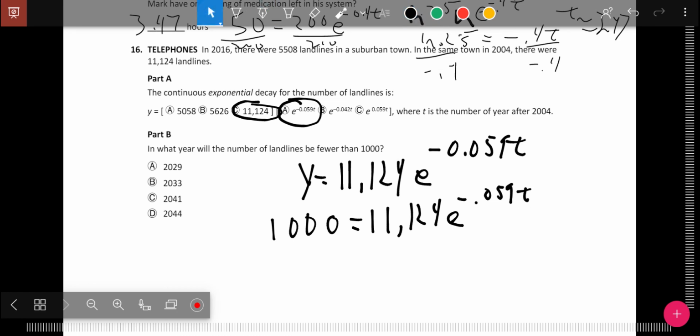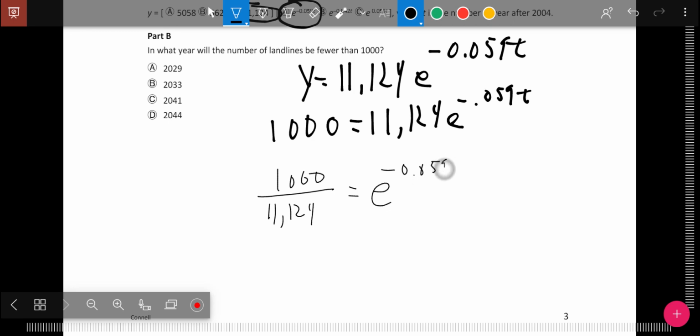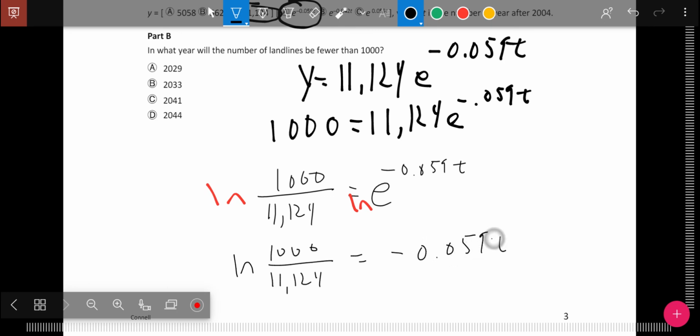Let me switch to a smaller lead size here. 1,000 divided by 11,124 equals e to the negative 0.059t. Now, I will ln both sides, or log both sides. It's ln because it's e. And so I get ln of all that stuff equals negative 0.059t.